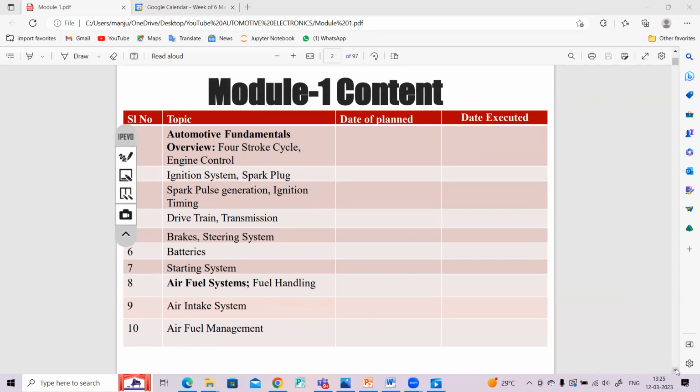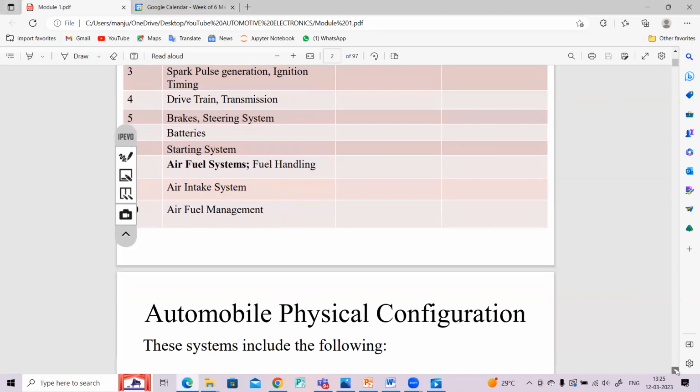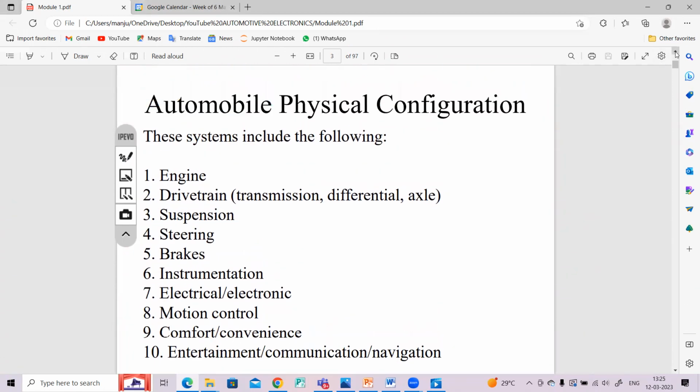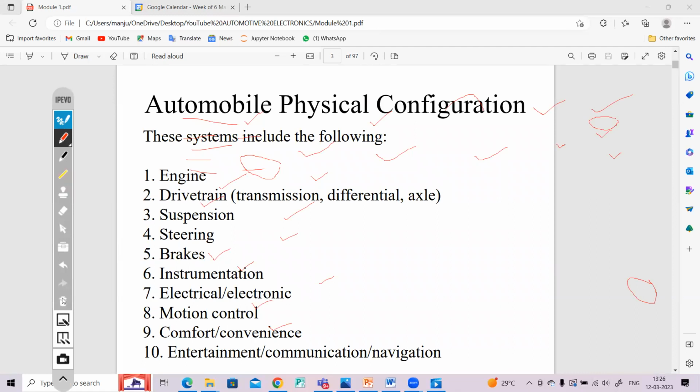Okay, so let me go with some physical overview, that is the configuration of the engine. That is the automobile. Here these systems include the following.